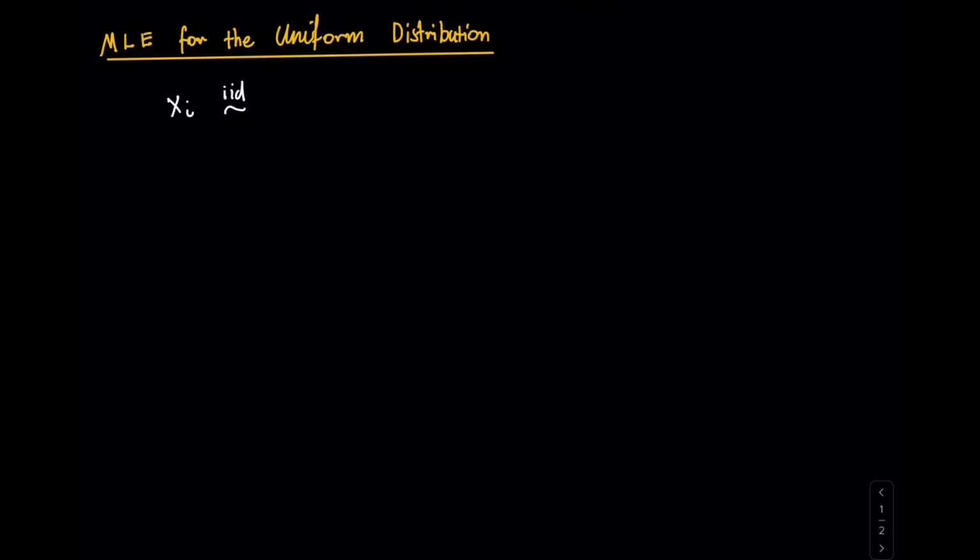So, firstly, suppose we have a series of independently and identically distributed random variables, and they come from a uniform distribution with parameters a and b, a and b being the end points of that distribution.